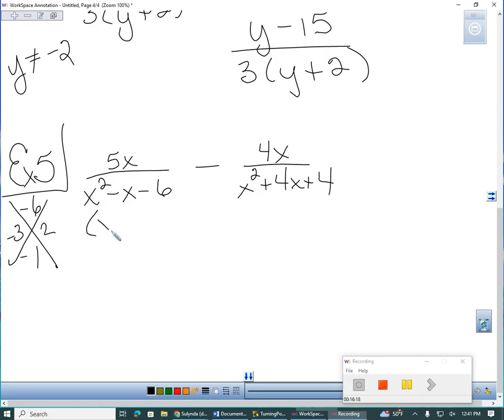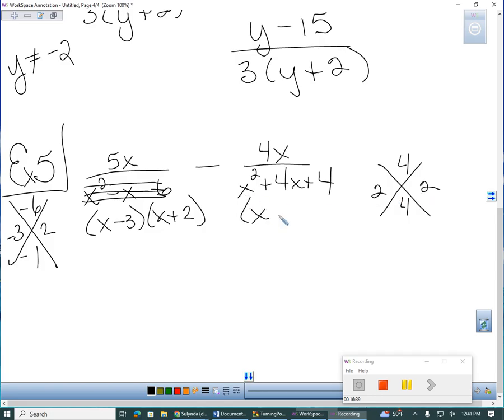So I have x minus 3 and x plus 2. Over here, I got a factor. 4 on top, 4 on the bottom. 2 and 2, good. So I have x plus 2 times x plus 2.